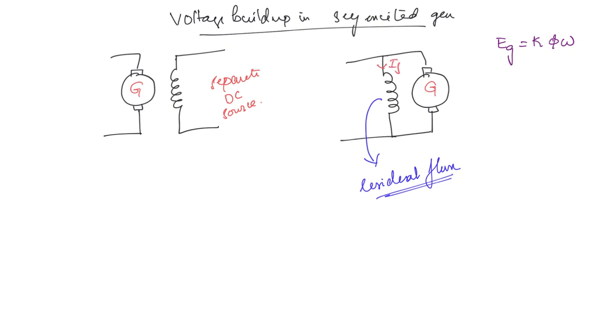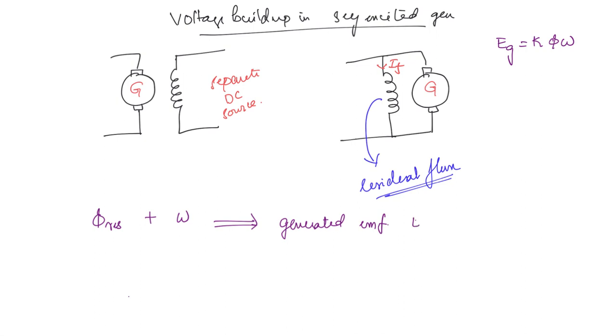Field current IF. So what is happening here? The presence of a residual flux, and with the rotation of the prime mover, omega, is going to result in a generated EMF, okay? The magnitude of EMF will be small, but still it will be generated.